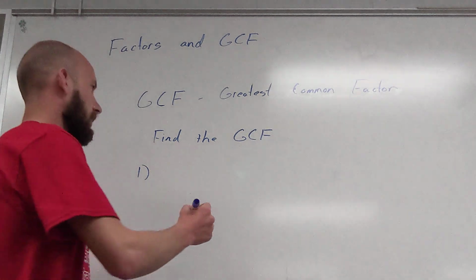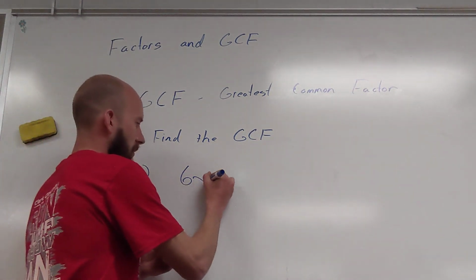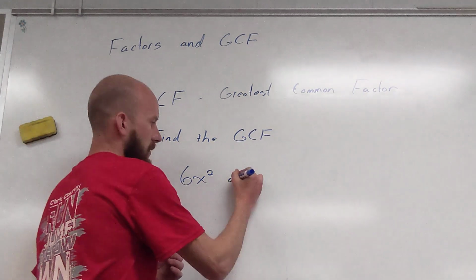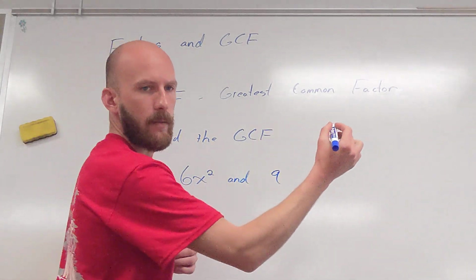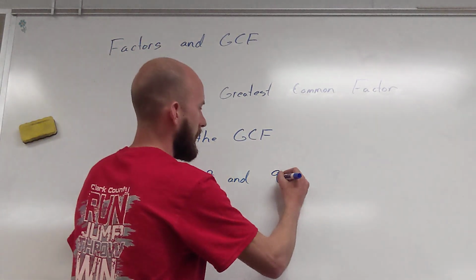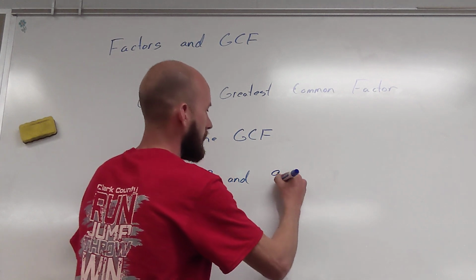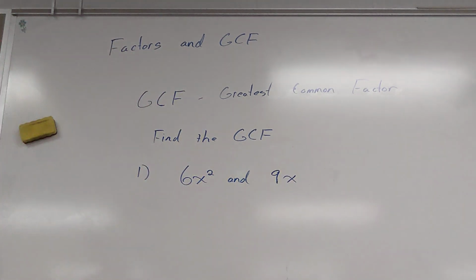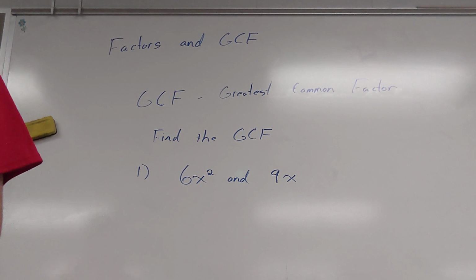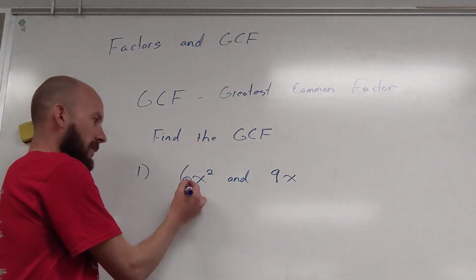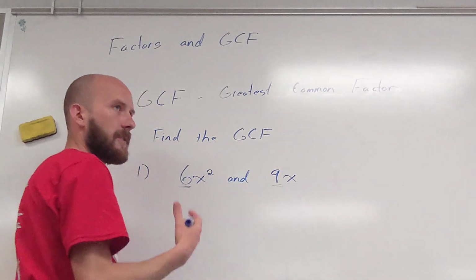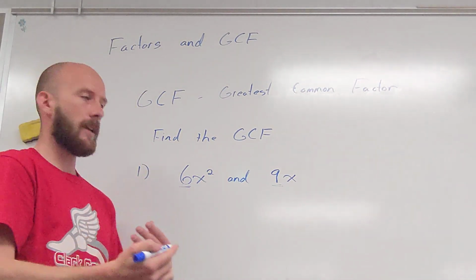And for number one, we are going to find the greatest common factor of 6x squared and 9x. Okay. So I look at the numbers. I'm always going to have the GCF of 6 and 9, which is 3.